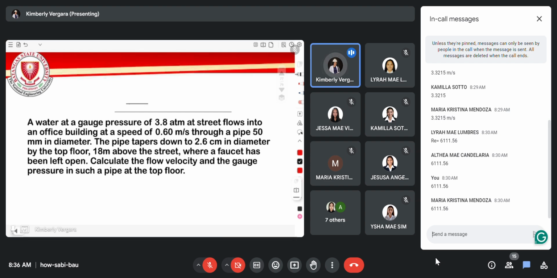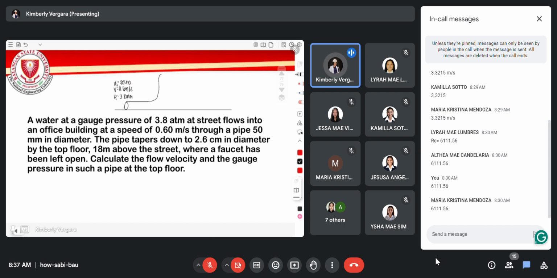So let us say we have the street flow. And then it has 3.8 atmospheres, and a speed of 0.6 meters per second. And then the diameter of the pipe is 50 millimeters, or 50 times 10 raised to negative 3 meters.